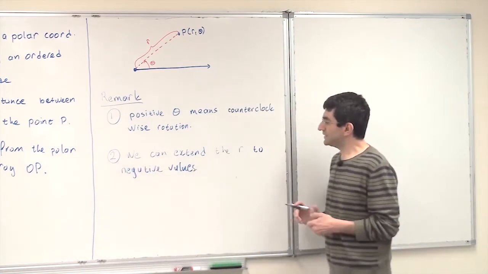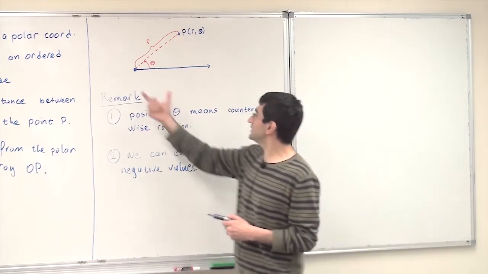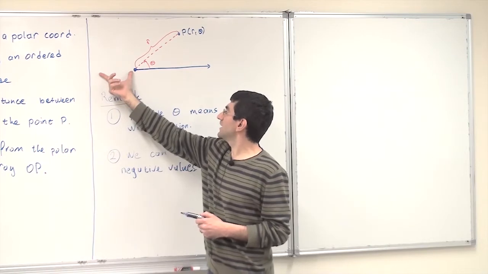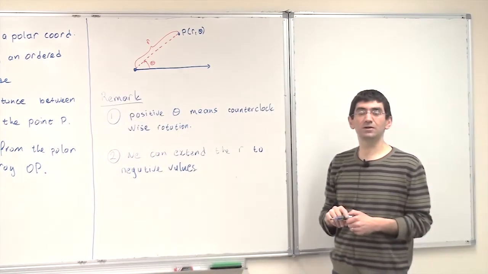And to be able to do that, we have to imagine the existence of an extra ray on the left side of the origin.